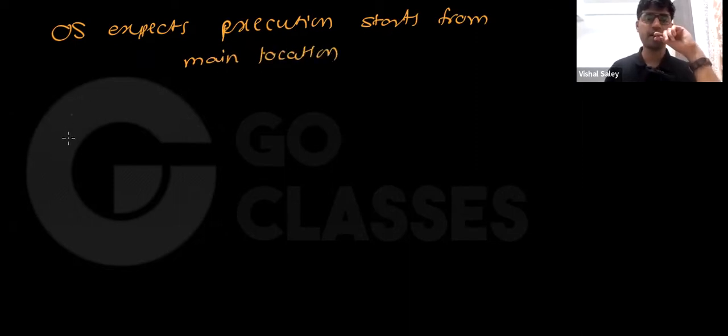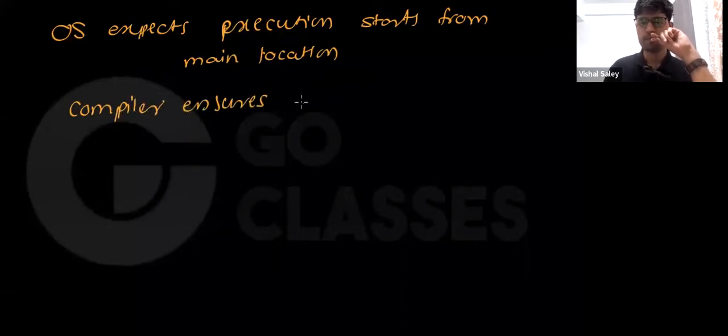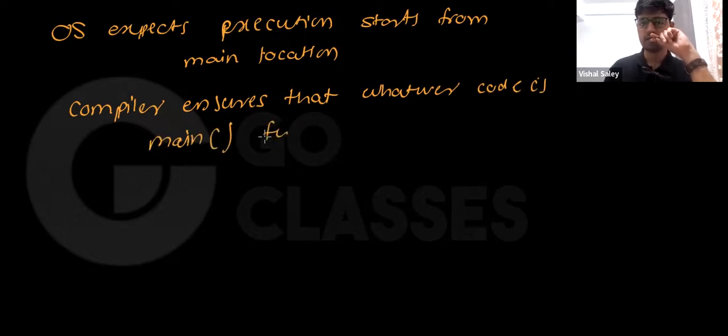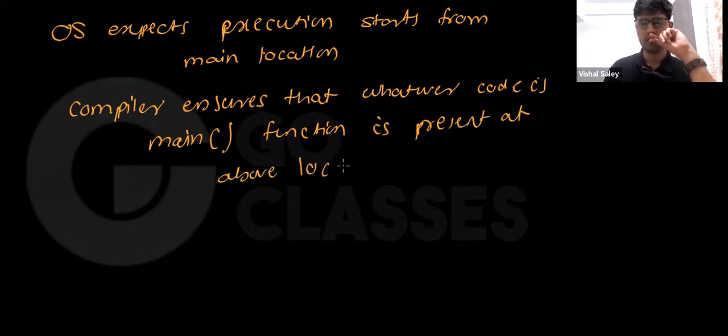And the compiler ensures that whatever you have written in main is properly placed into that particular location. So this is the main function. Okay, so this is what it is, right?